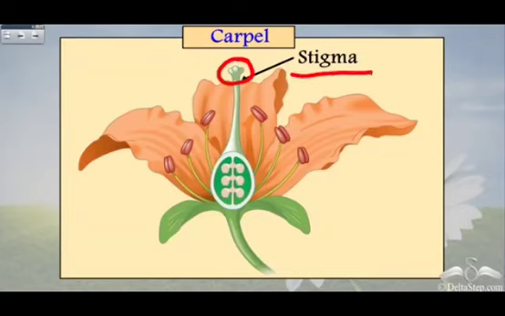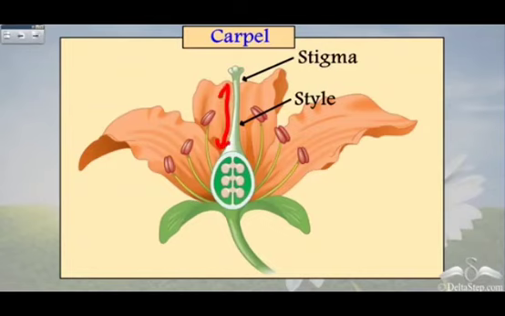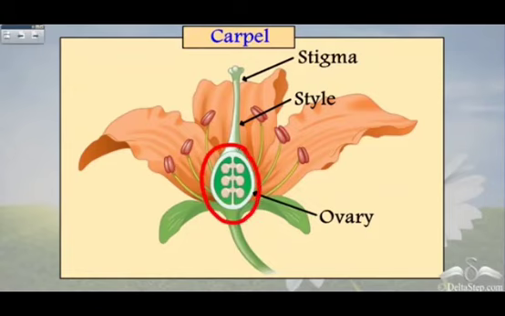This is known as stigma. After the stigma, we have this thin long neck. This is known as the style. And finally, we have the round bottom structure. What is this? This is known as the ovary.